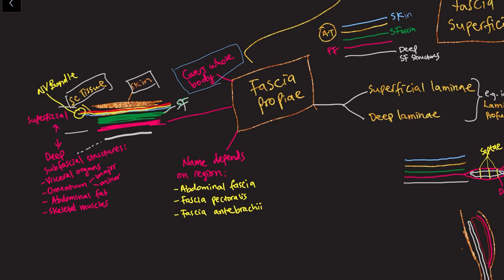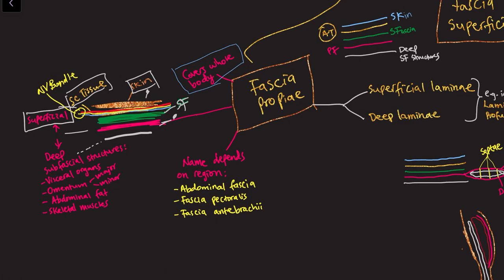And then after the superficial fascia, you have the proper fascia. You see that? So the proper fascia comes beneath the superficial fascia. Now look at this. All the structures that are between the skin and the fascia proper, those structures are called superficial structures.